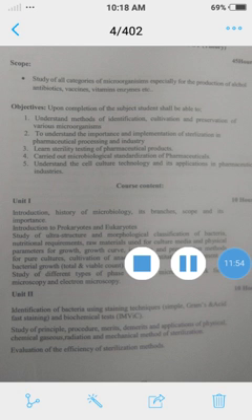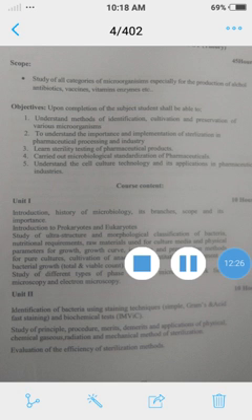Then acid fast staining technique and biochemical test, in that first IMViC test. Then study of principles, procedures, merits, demerits and applications of physical, chemical, gaseous and mechanical methods of sterilization.